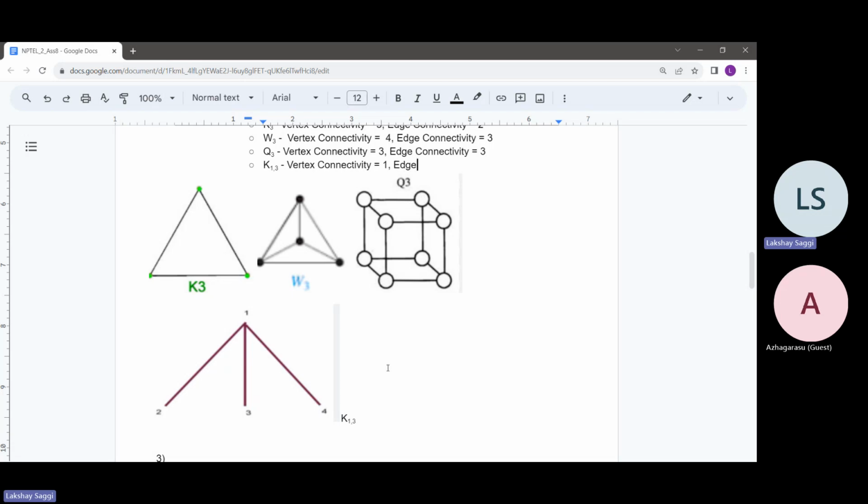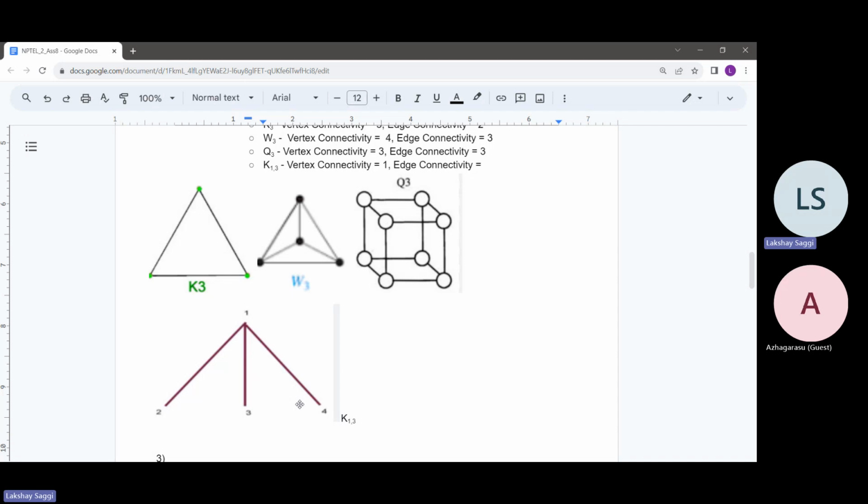And similarly for the edge connectivity, we can see that we can delete any one such edge. Let's say I just delete this 1, 2 edge. After deleting the edge 1, 2, vertex 2 gets separated from the component of 1, 3, 4. So essentially the graph becomes disconnected.